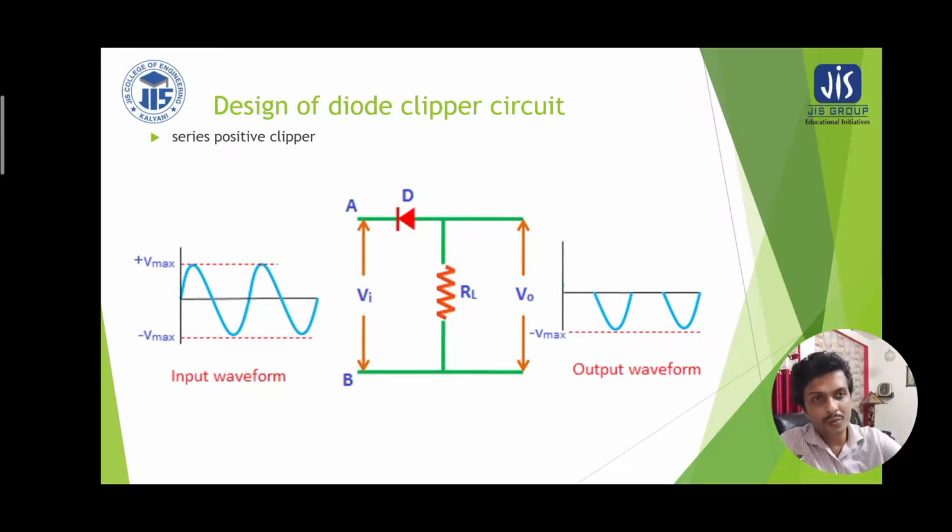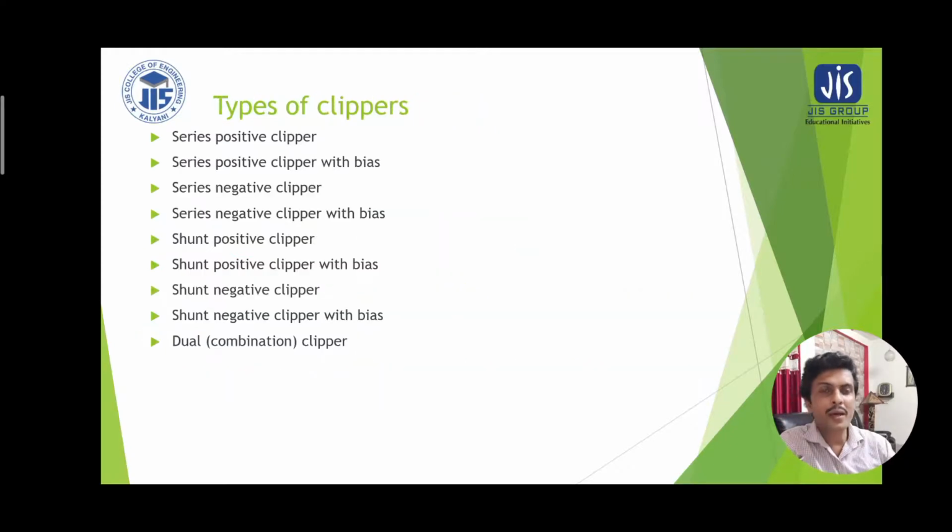Now let us go to the next slide, where the types of clipper circuit are explained, that means what the various types are. As we already have seen, the series positive clipper, where the positive side is completely removed, and there is also a series positive clipper with bias. We may include a bias voltage, a simple DC battery voltage, within the circuit.